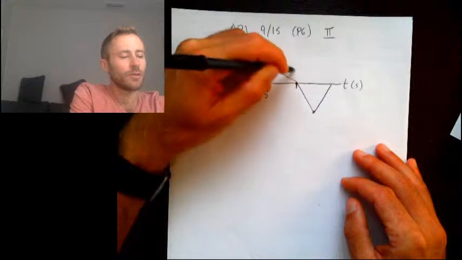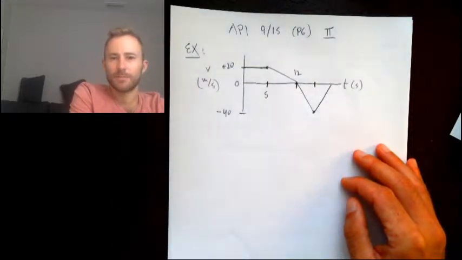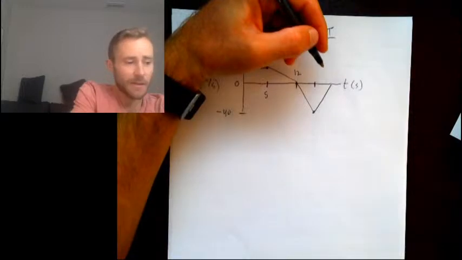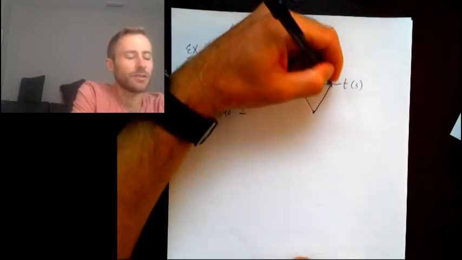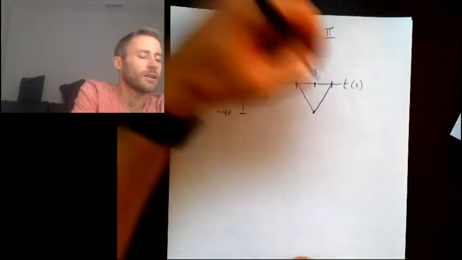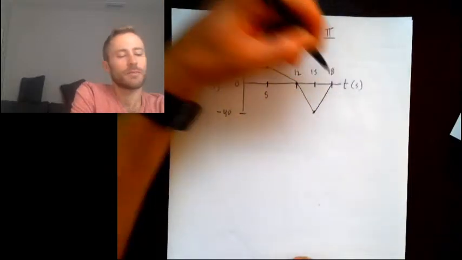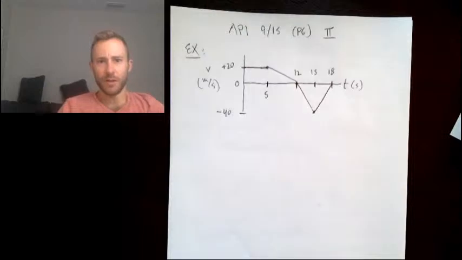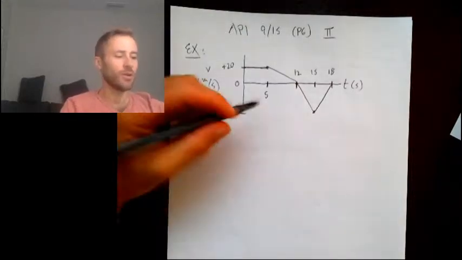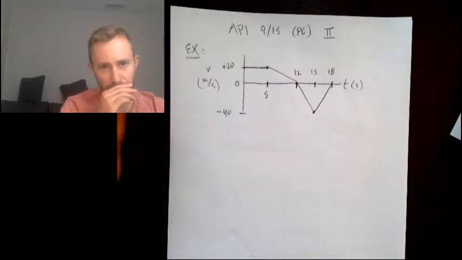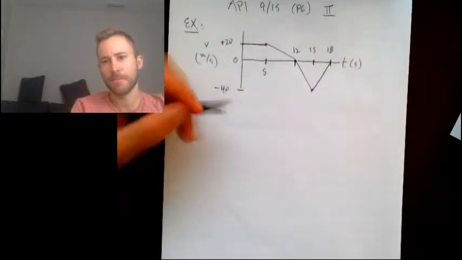This is 12 seconds. This is, say, 15 seconds. And this is, let's make it 18 seconds. I might not have drawn it to scale, but I've given you all the important numbers so that you can calculate areas and slopes and stuff, okay?